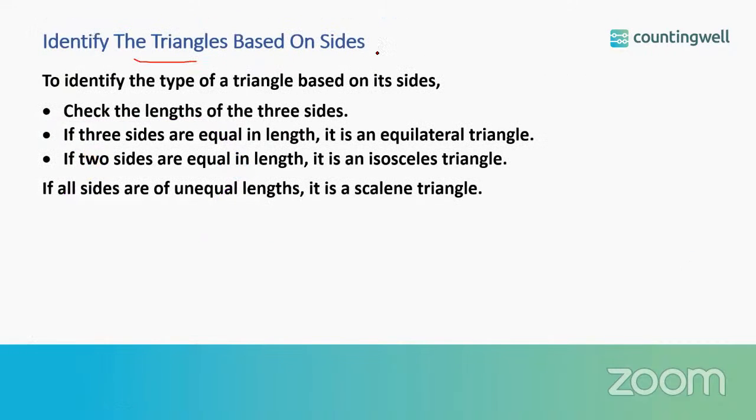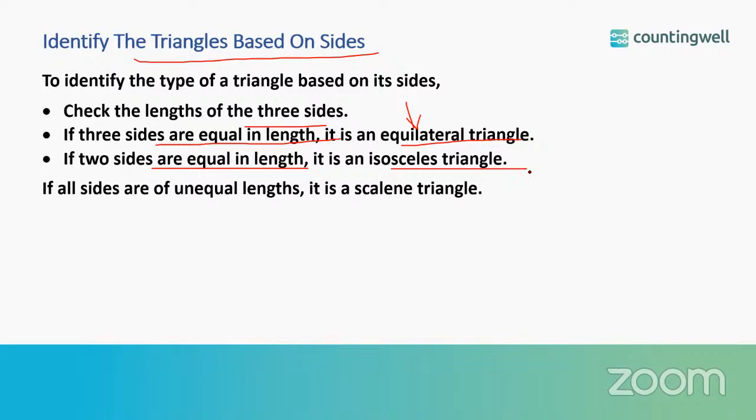Now let us identify the triangles based on the sides. You have to check the lengths of the three sides. If all the three sides have the same length, then it is an equilateral triangle. The name itself says equilateral means equal sides or equal length of the sides. If two sides are equal in length, it is an isosceles triangle.